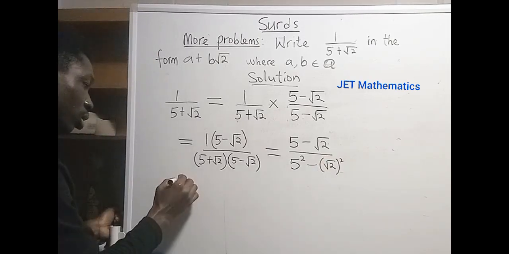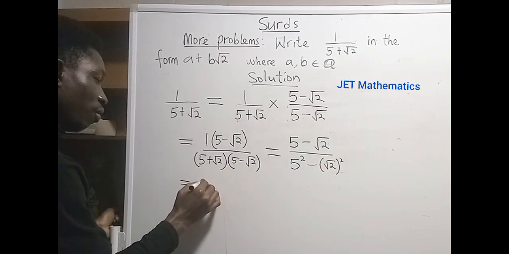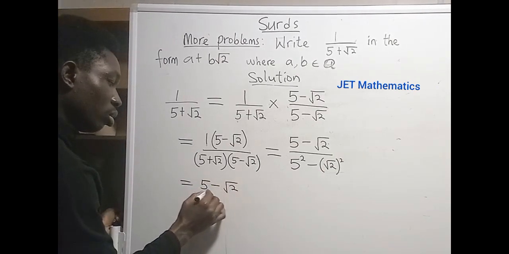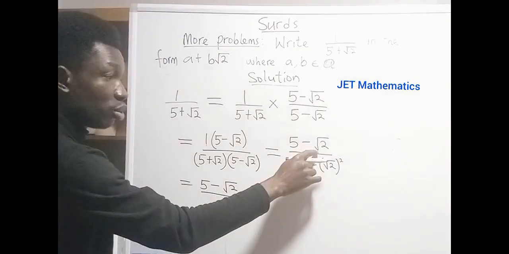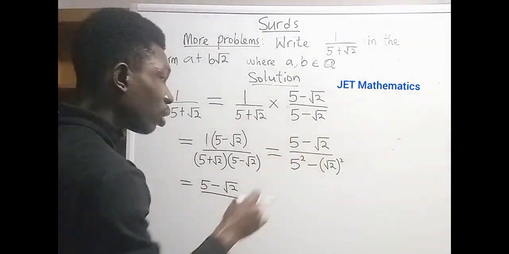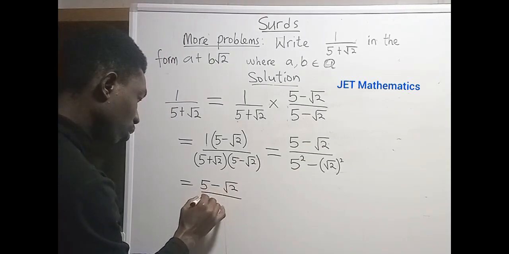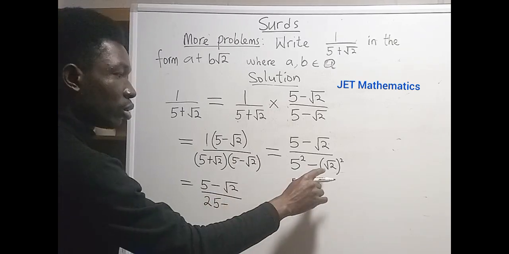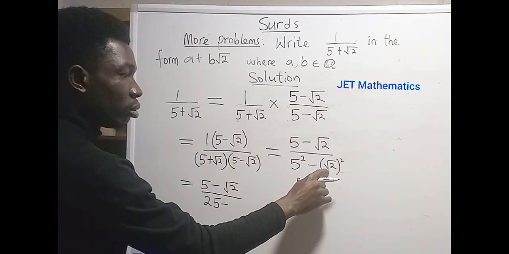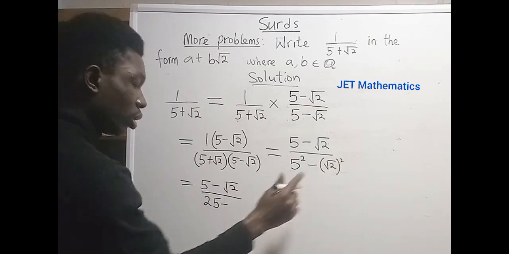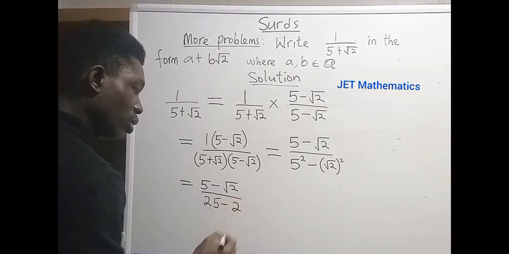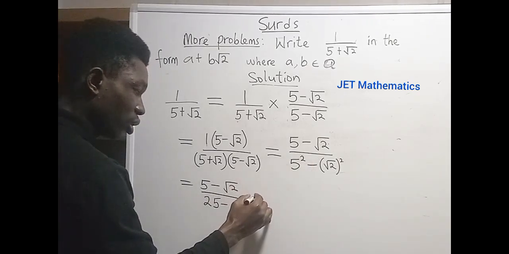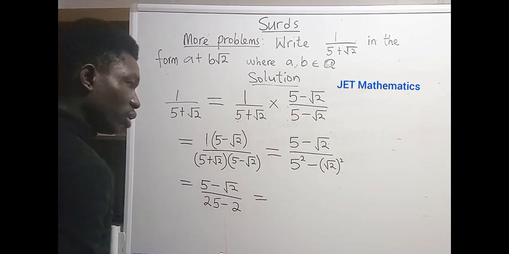Okay, so this gives me 5 minus root 2, which we have here. Okay, and then 5 squared is 25, minus root 2 squared is 2. Okay, so I believe you already know how to do this simplification from my previous videos.